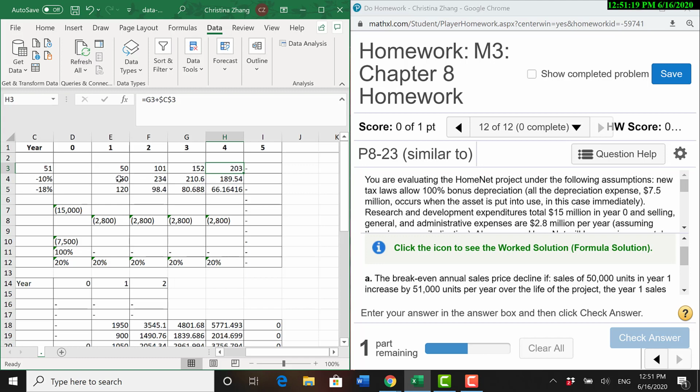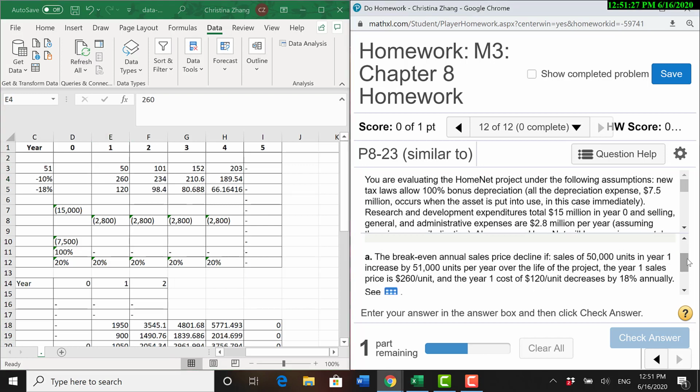And then for my second item, I believe that's going to be the sale price. The initial given sale price is 260, and then it's going to change from one year to the next. In this case, I don't really know the change yet, so I randomly put in 10%. And then all my future selling prices are linked by this change.